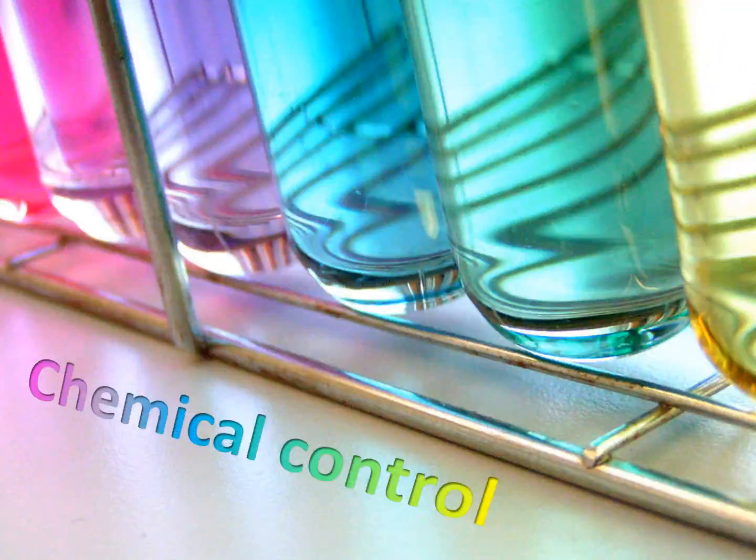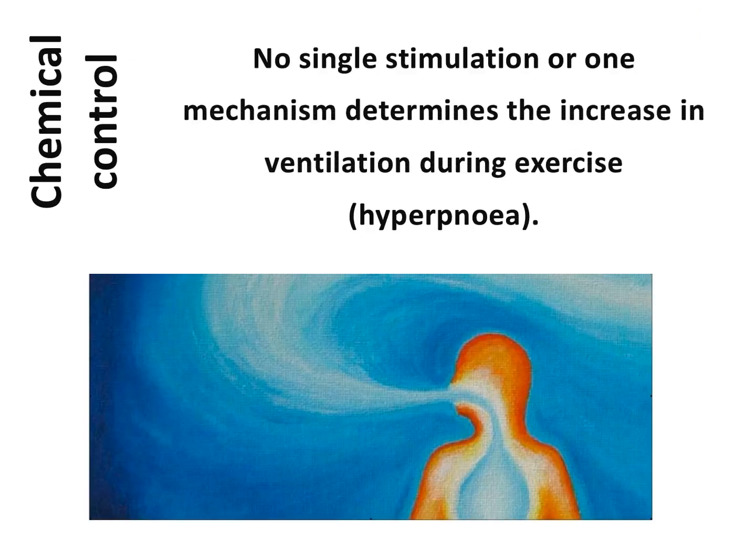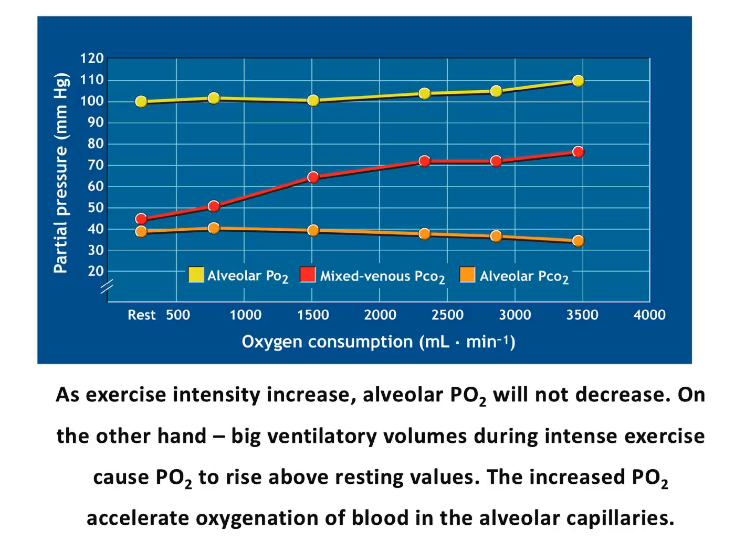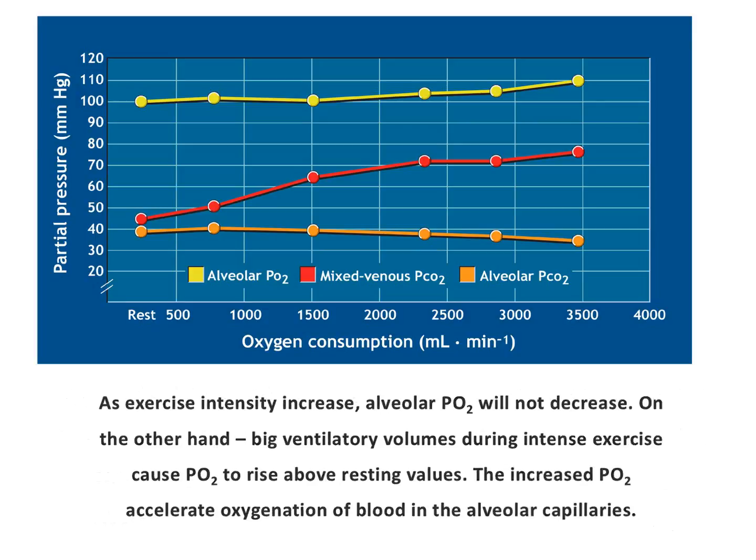Firstly, we'll look at chemical control. There is no single mechanism that determines why people's ventilation increases during exercise. There are multiple. Oxygen and carbon dioxide levels are well maintained during exercise, although we expect that carbon dioxide will increase and oxygen will decrease.